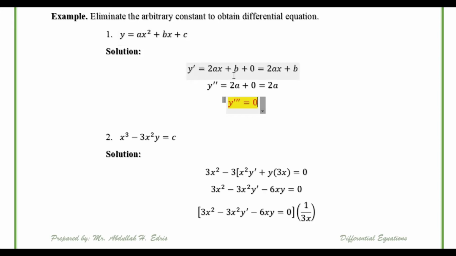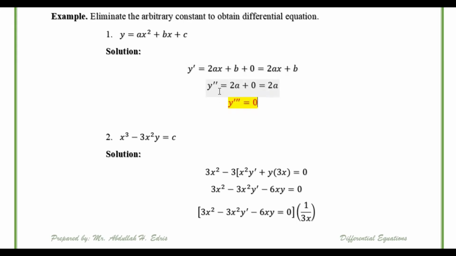So the first derivative is this one. The derivative of ax to the power of 2 is 2ax, plus the derivative of bx, which is b, then the derivative of a constant, of course, is 0. We all know that the derivative of a constant is always 0. So we have 2ax plus b.